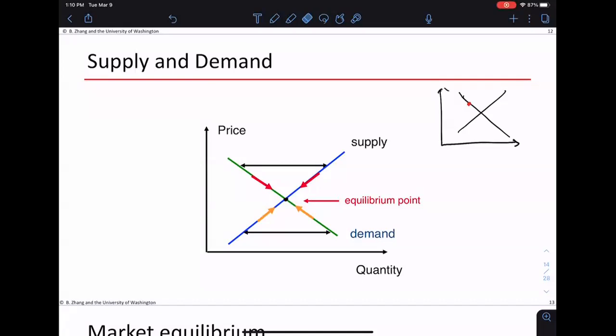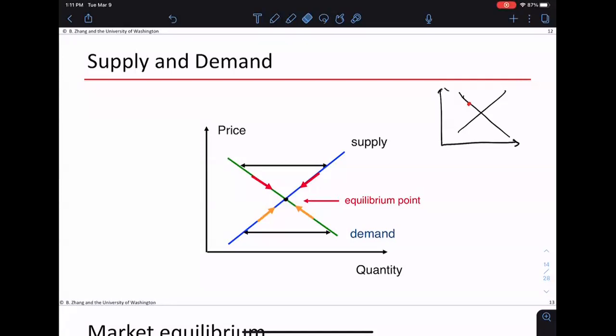I want you to operate at this red dot. Why will you be unhappy about it? Why might you be sort of unhappy about operating at this dot?